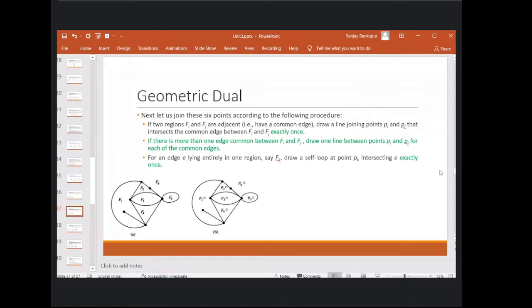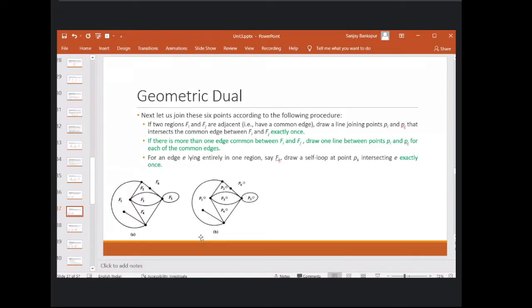Visually it is difficult to understand, but imagine or look into this graph. There are two edges common to two regions. In such a case, we have to draw a line for each edge. So I guess nobody could figure it out.